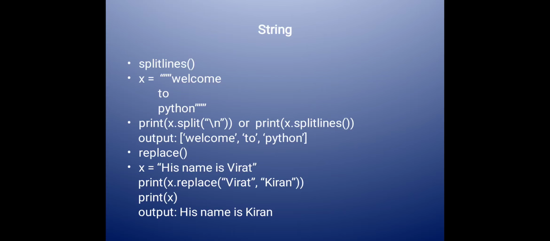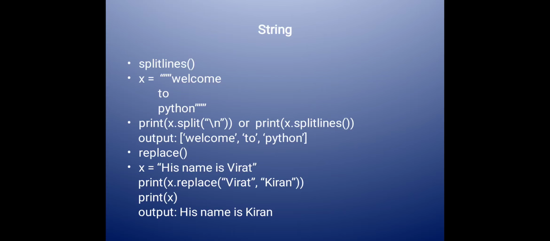Here the delimiter is slash n, so it will split when the new line comes. In this case, x dot split slash n is similar to print x dot splitlines. Both will return the same output.